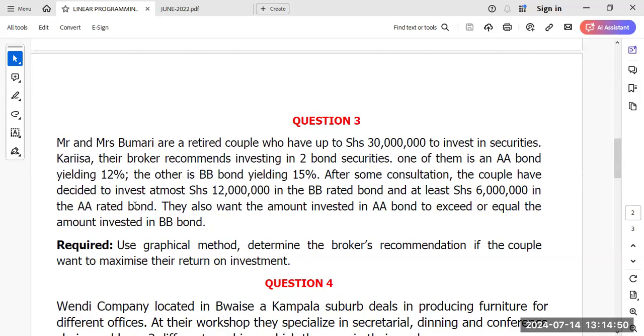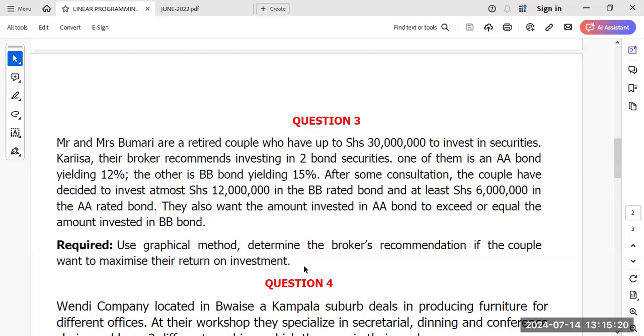Here they are investing at most 12 million in BB, and here they are investing at least 6 million in AA. They also want the amount invested in the AA bond to exceed or equal the amount invested in the BB bond. Full stop. Simple as that.